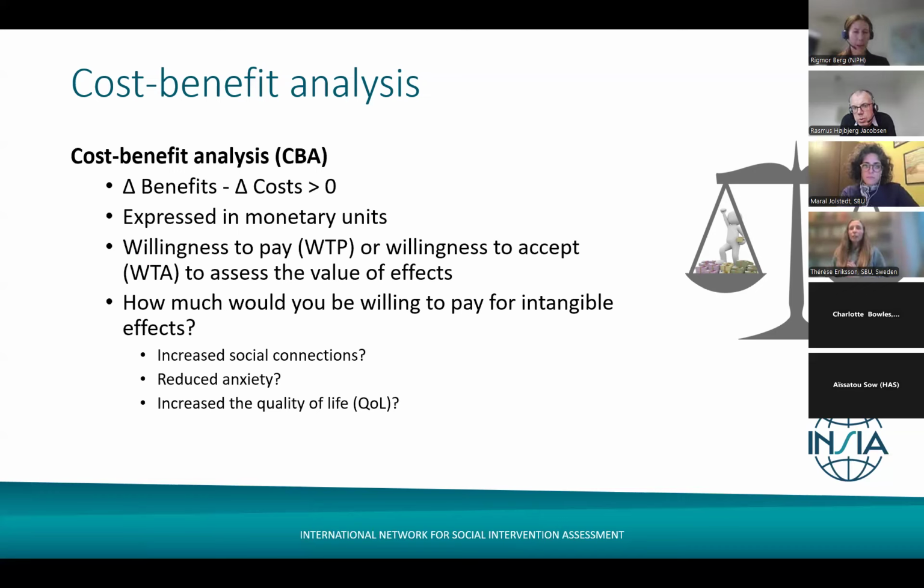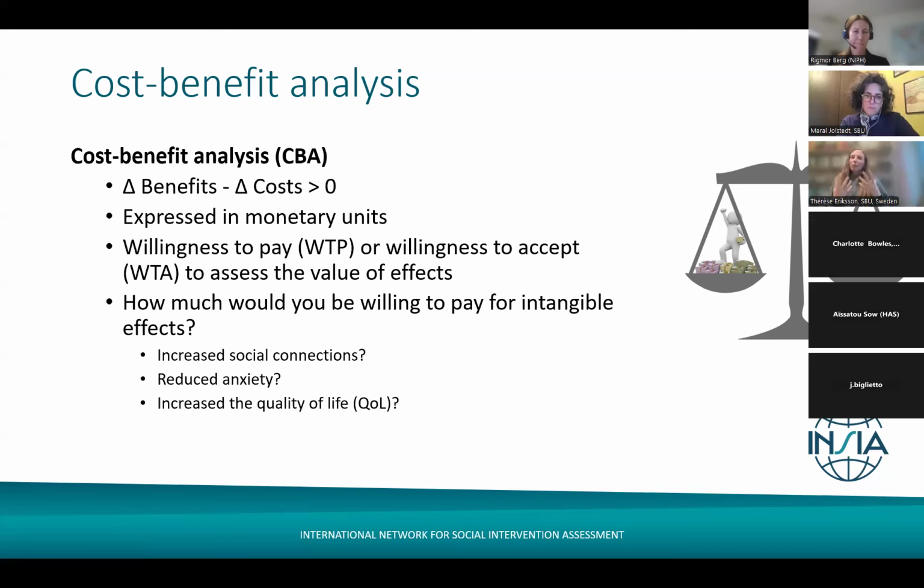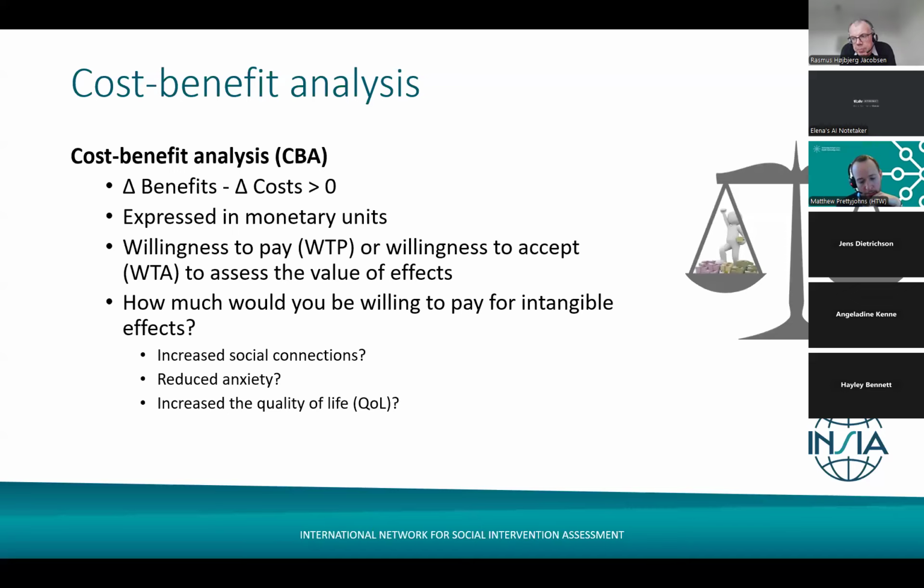We use willingness to pay or willingness to accept to assess the value of effects. But in this part, how much are you willing to pay for these intangible effects? What are we willing to pay for increased social connections, for example, or reduced anxiety level, or an increase in the quality of life?